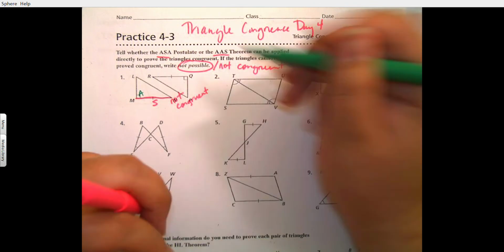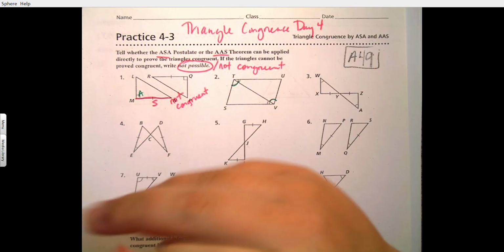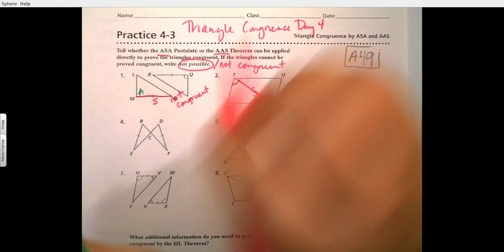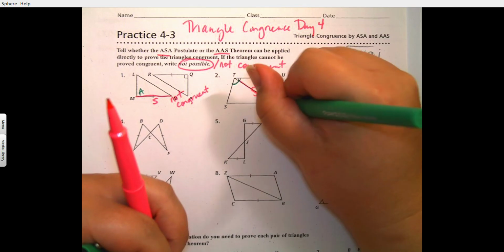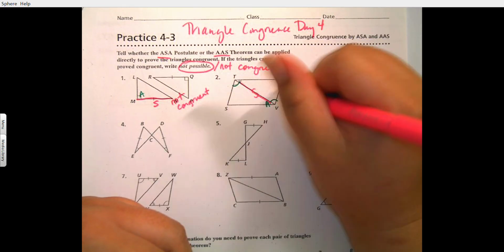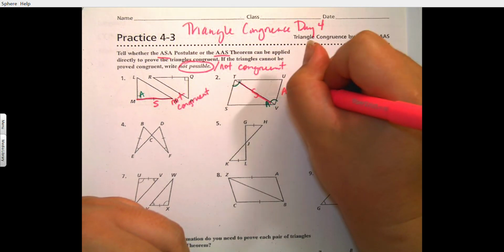I see angle right off the bat. Then I know that kind of a secret side here because they share it. So that's side, and here's another angle. So number 2 is congruent by angle, side, angle.